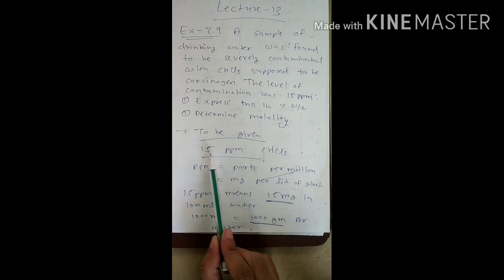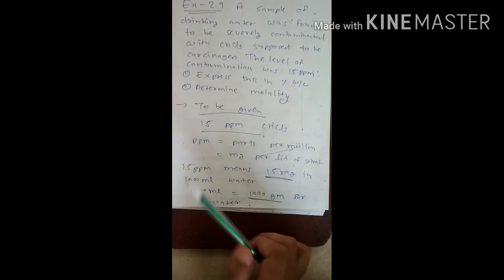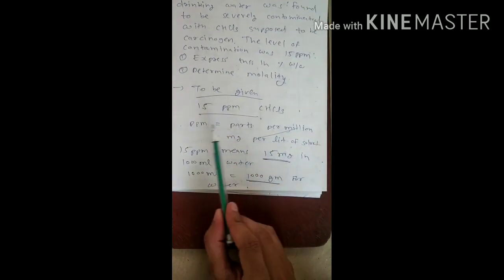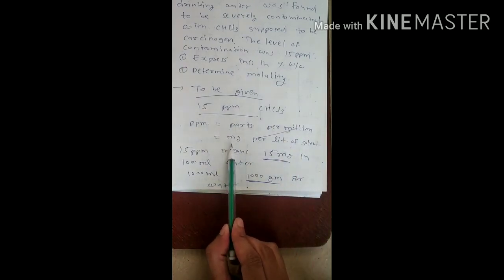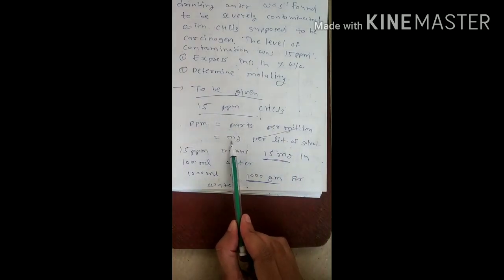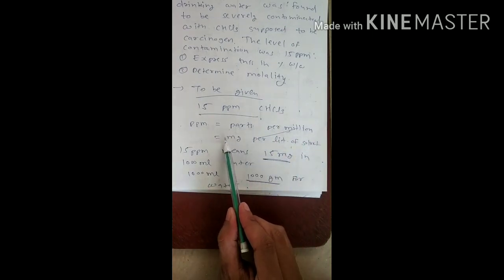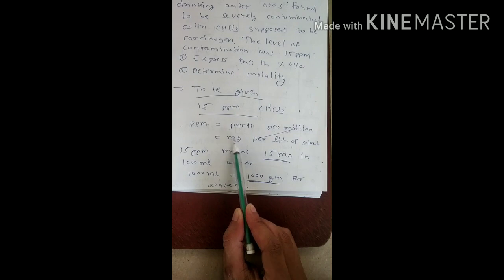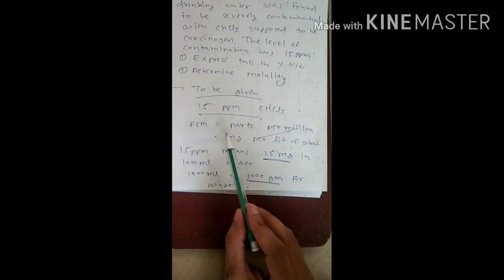So what is given here? 15 ppm of chloroform is given to you. What do you mean by ppm? ppm is parts per million, that is, milligram of solute per liter of solvent. This is the definition of ppm.